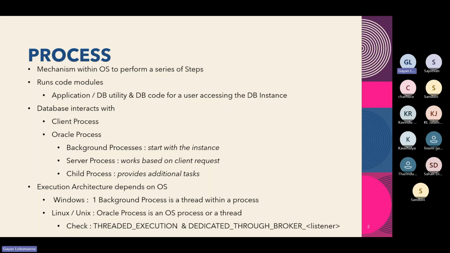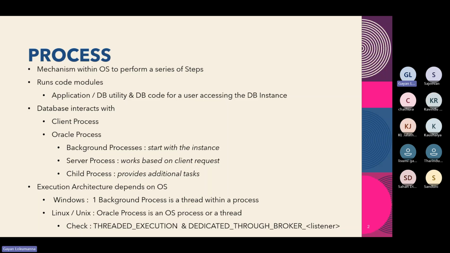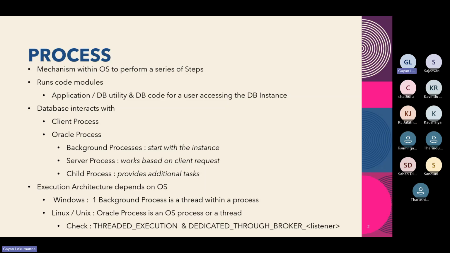When you have initiated a database session, you will find two processes. I told you that a process will run code modules in terms of Oracle. So what are the two? One is the application module, and the other one is the database process. Let's try to understand a little bit more about it.